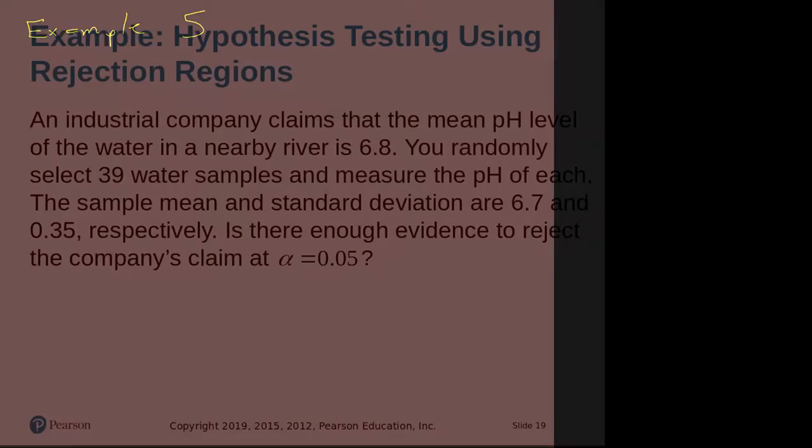Example 5, yep. And let me see if I can find example 5 in the text here for us. Industrial. There we go. I'll put the problem up here first.